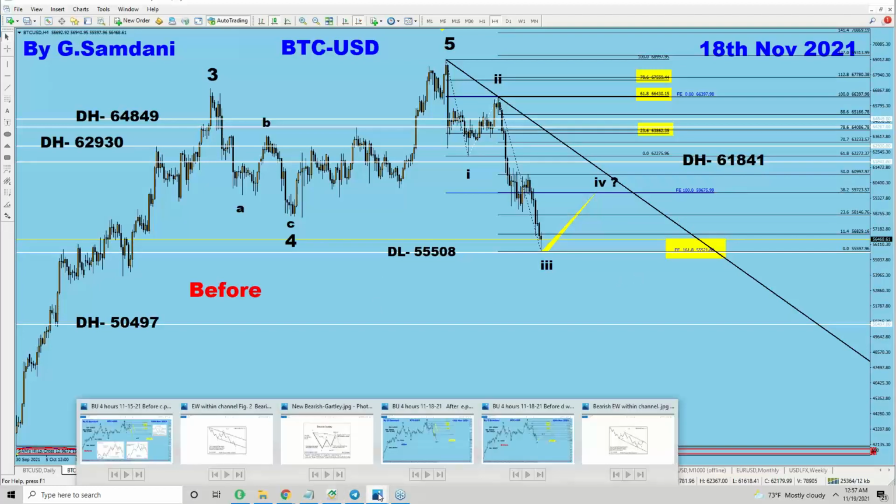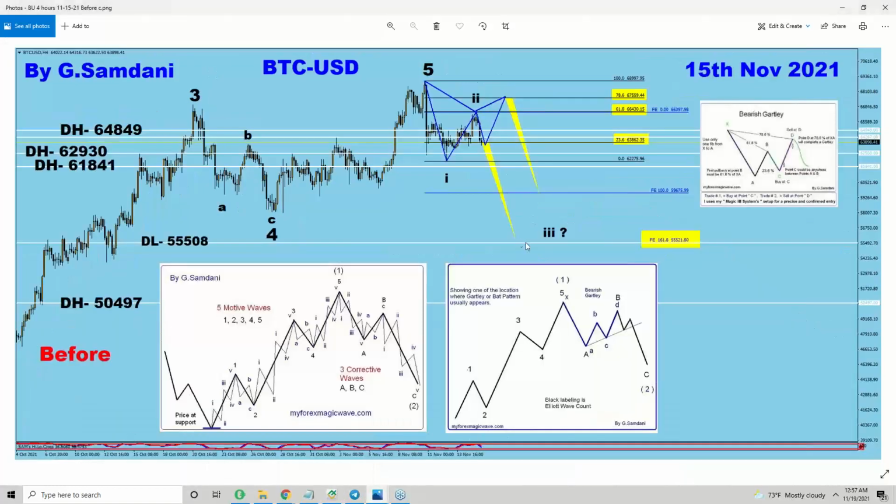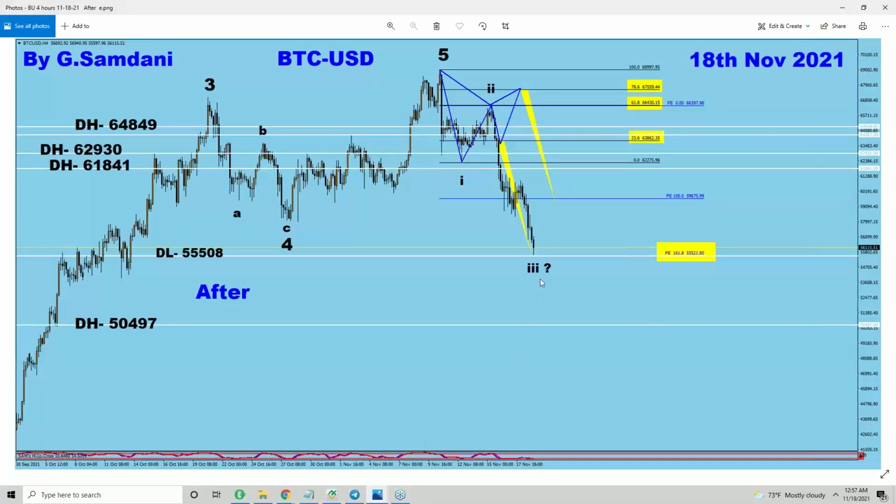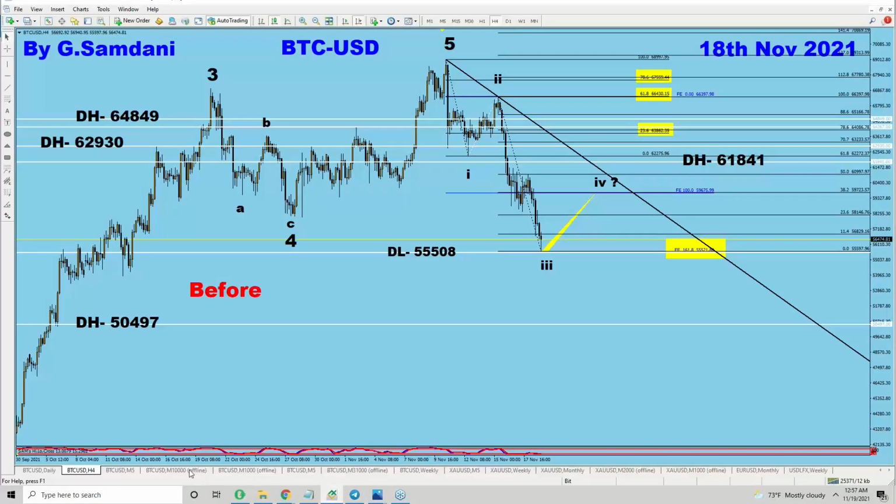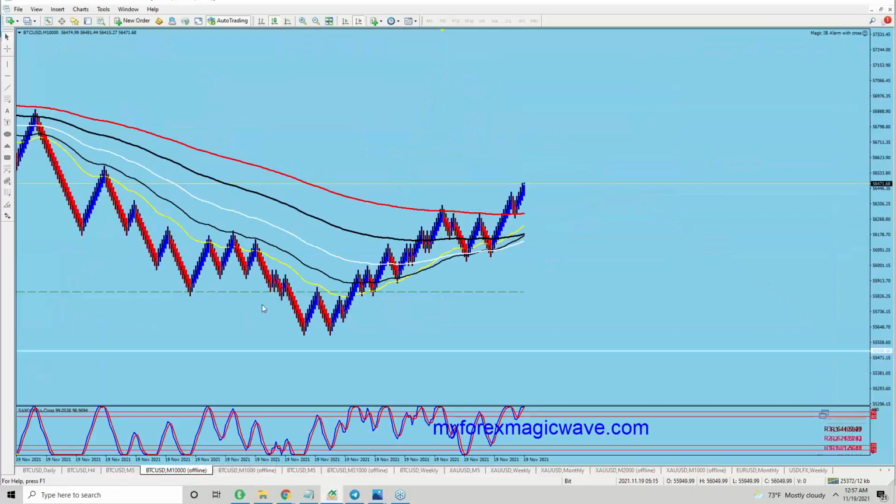This is how systematic it is. I made the chart like this, that it is going to come down here, and after 3 days, it is here. Now it's bouncing. This is the power of the Elliott wave. And then my system, I showed you how precisely it gives you the entry when the turn is about to happen.